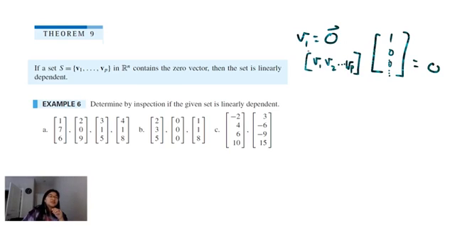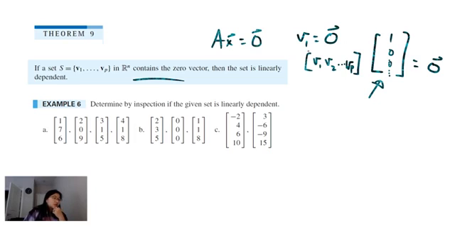This will still give us the 0 vector, which is a non-trivial solution. So if we contain the 0 vector, then our set is linearly dependent, because we have a non-trivial solution to Ax equals 0.